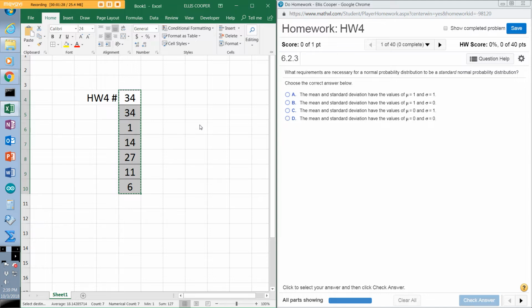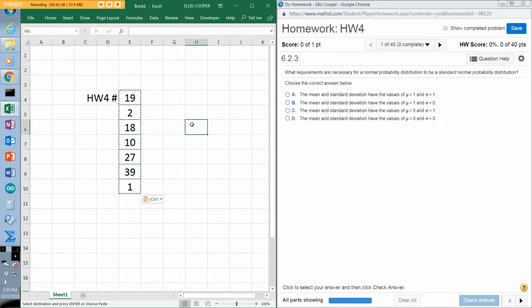and I got 34 twice. That's not 6. Okay, so let's paste them again. And I think now I got them. Right. I'm looking at the formula bar up here, and that's not a formula anymore. But, you know, let me do that all over again, because I want you to see the formulas that I'm using here.